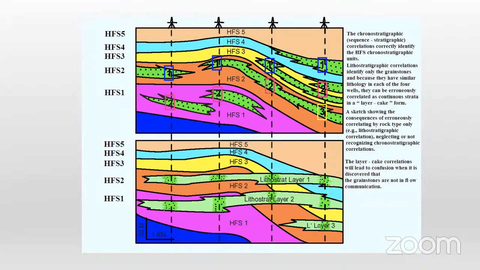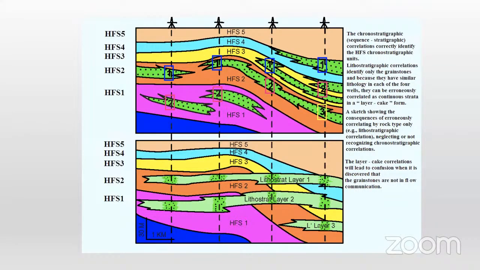For example, we have sandstone in this well, in this well, in this well. But in reality, it looks like this. The sandstones are patchy. The sandstone in this part pinches out, and we have some shale here.